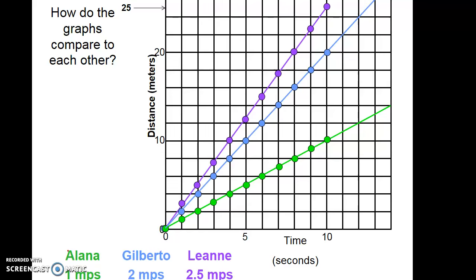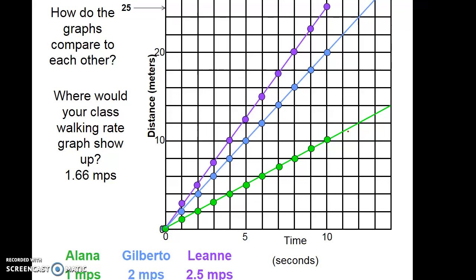We have a math word for that. The word is steeper. So Leanne's line is steeper than the other 2 lines. It's like it's at a higher angle in the graph. So it's steeper, and that's because she's walking the fastest. And Alana's line is the least steep because she's walking the slowest.